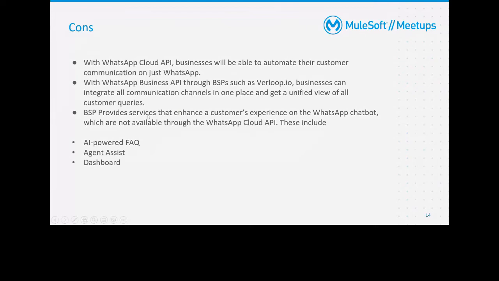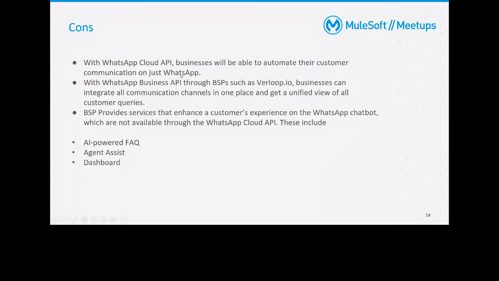Okay, so let's see what are some of the cons with the WhatsApp Cloud API. There are not many, but of course with respect to on-premise, there are some advantages that this Cloud API doesn't have. With WhatsApp Cloud API, businesses will be able to automate their customer communication on just WhatsApp.